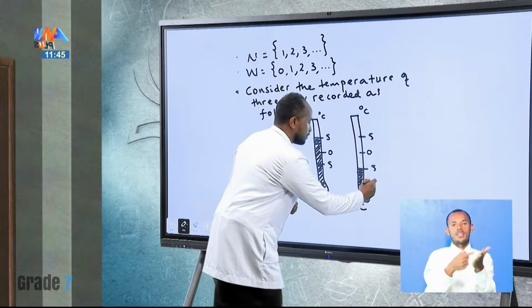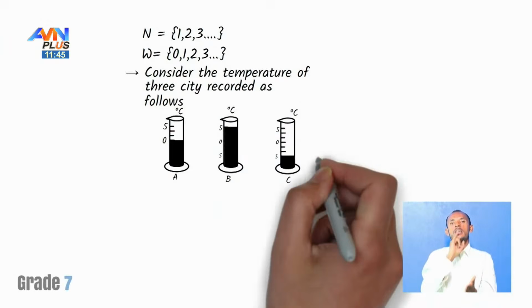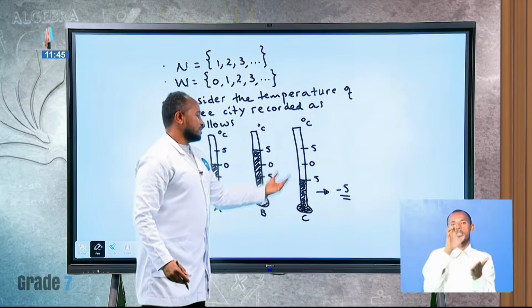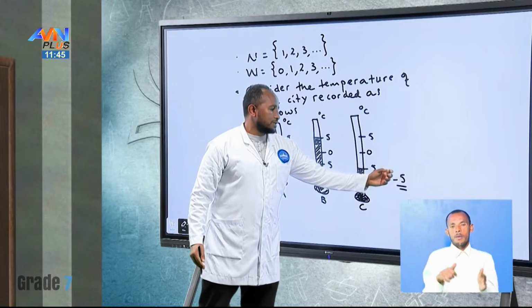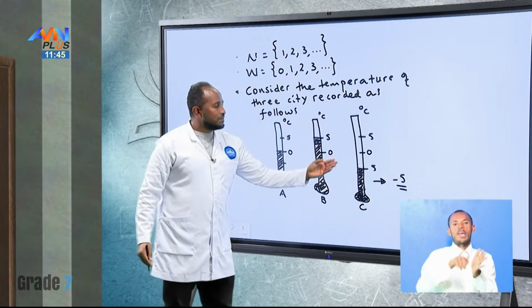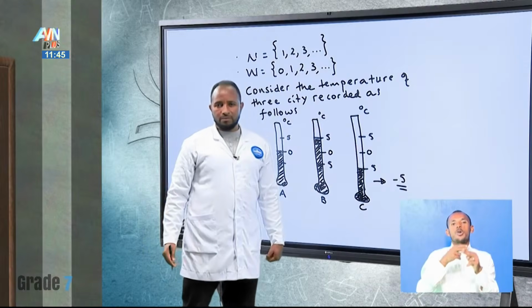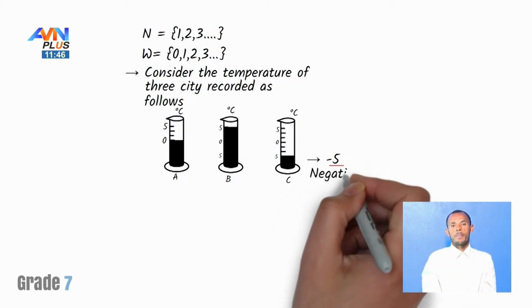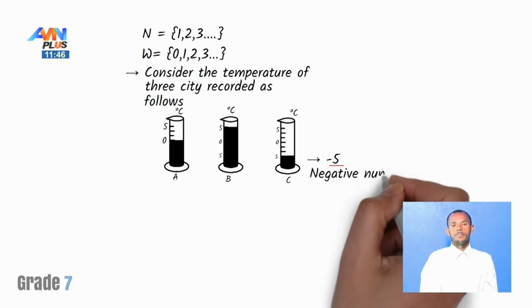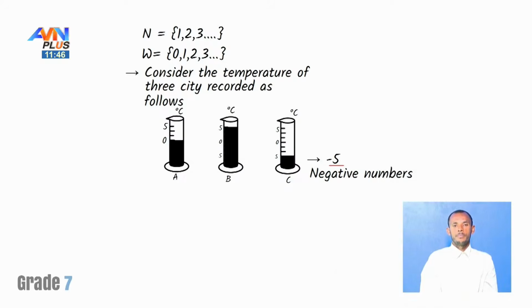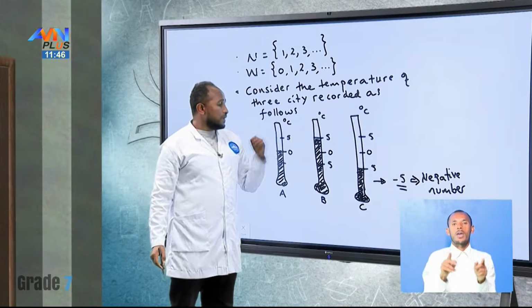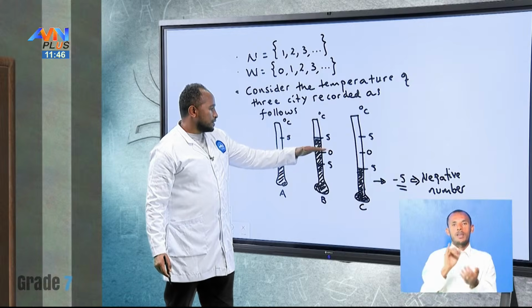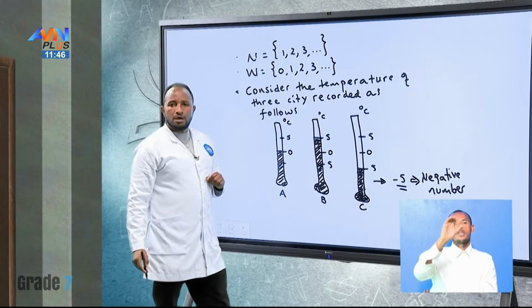Therefore, the temperature of this city is represented by minus sign with a number, it's minus 5, and such a number is called a negative number.